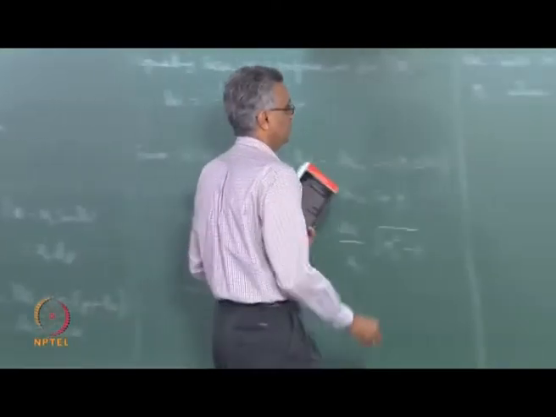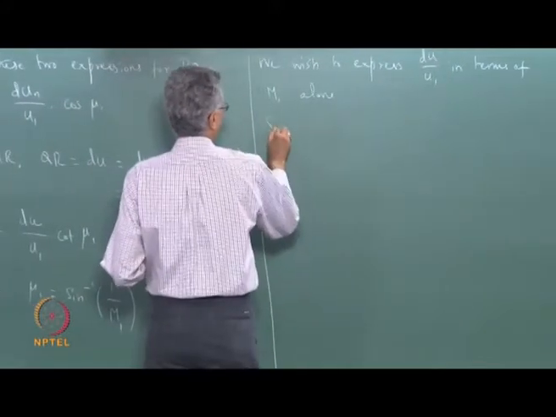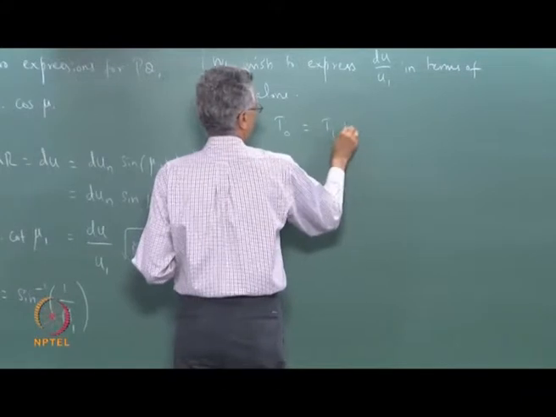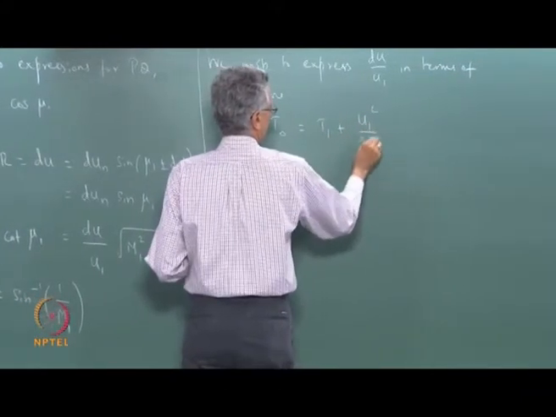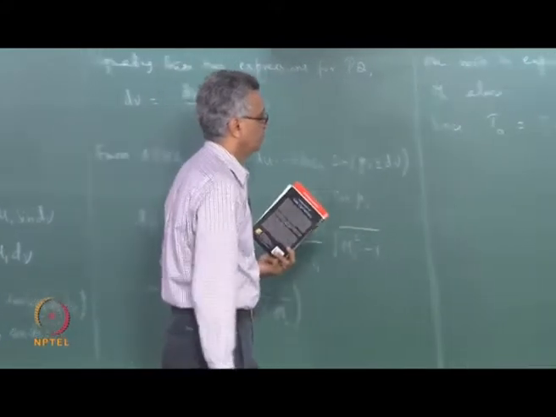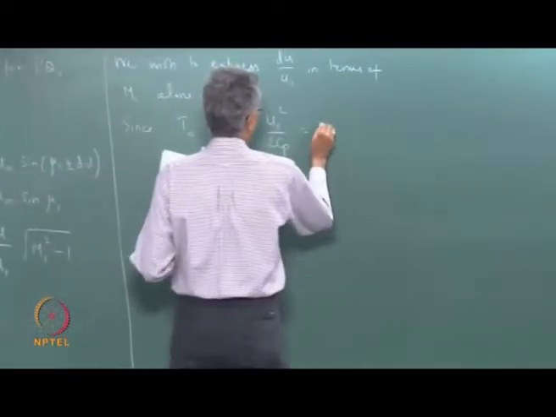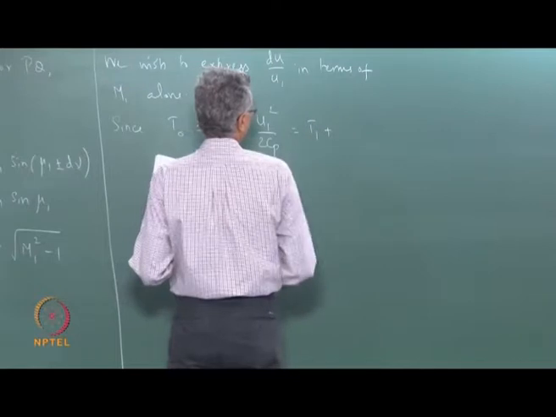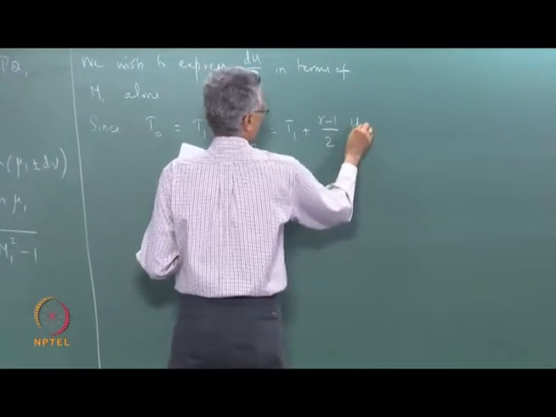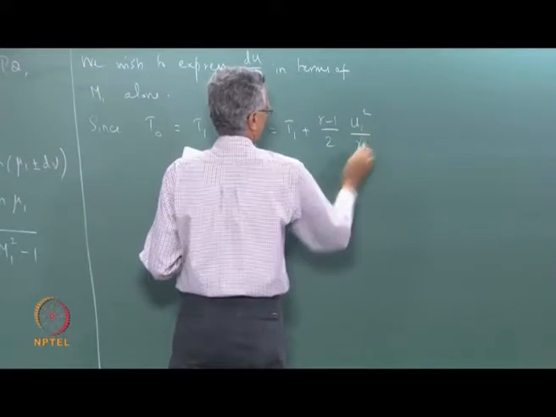We do this by starting with the definition of the stagnation temperature: T0 is equal to T1 plus U1 squared over 2Cp. If I expand for Cp, I can write this as gamma minus 1 over 2 times U1 squared over gamma R.